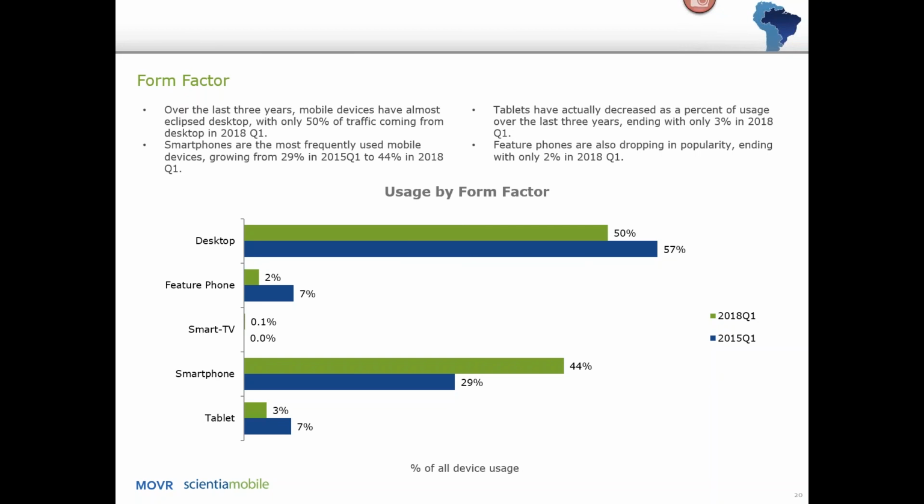So a pretty large growth of traffic on smartphones. Interestingly, tablets have kind of waned a little bit in popularity. I think it's probably not so much that the physical count of tablets has reduced, but relatively smartphones have grown in popularity.